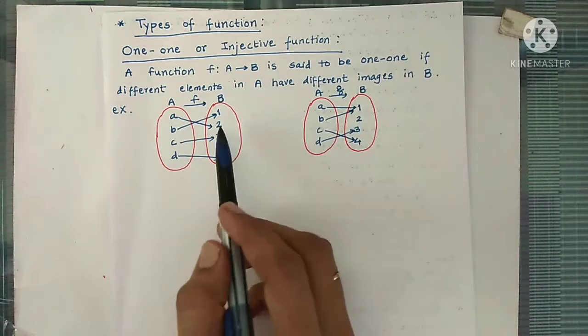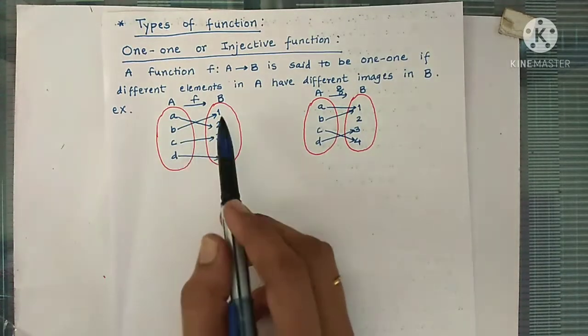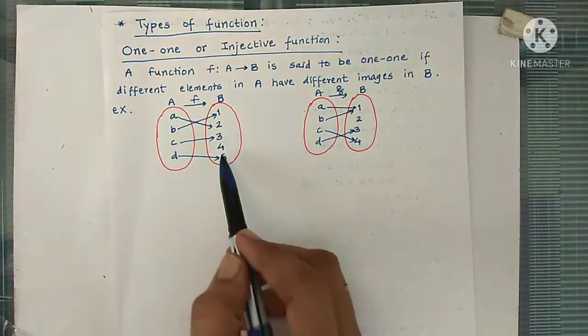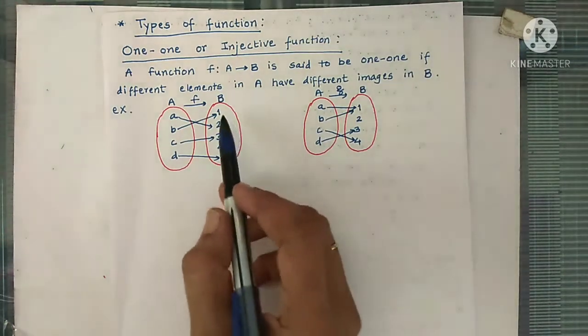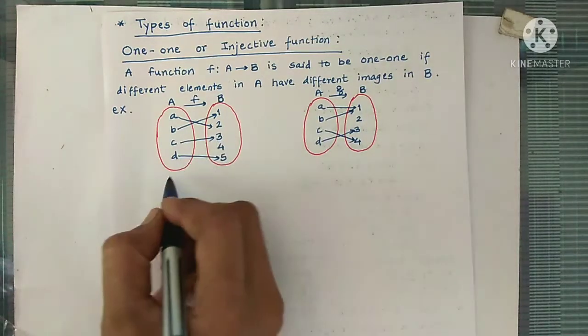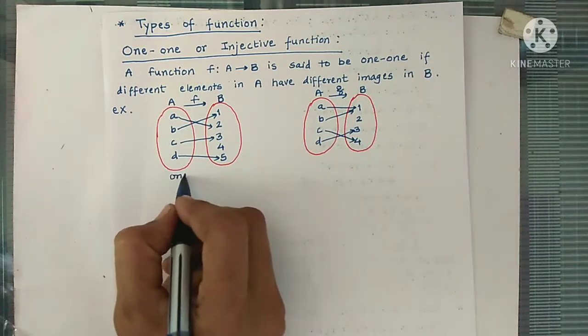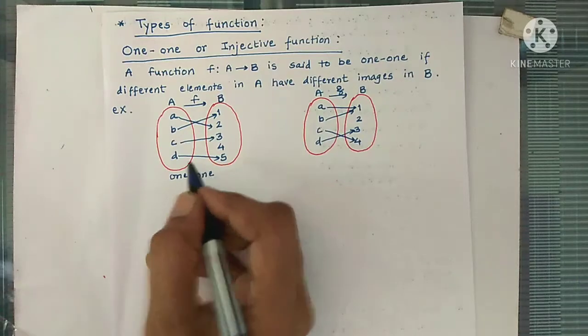The images of all these four elements are 2, 1, 3 and 5, so all the images are different. When all the images are different, this is known as a one-one function. So this one is a one-one function.